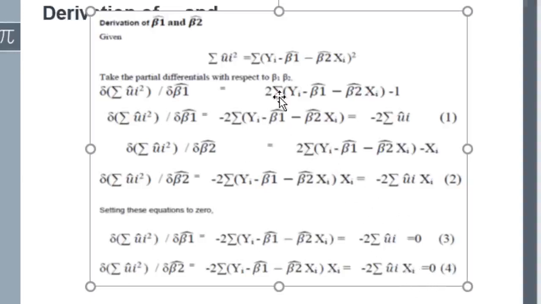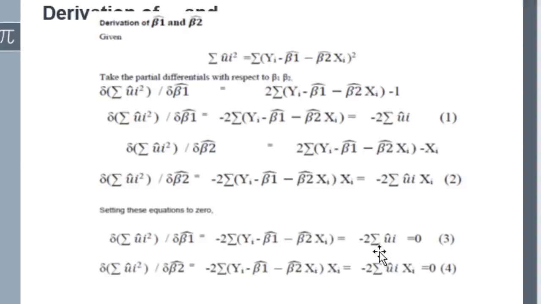The first step we have done is to take the partial differential of this function with respect to beta 1 and beta 2. The second step is to equate the differential equations of beta 1 and beta 2 to 0. This is the second step.